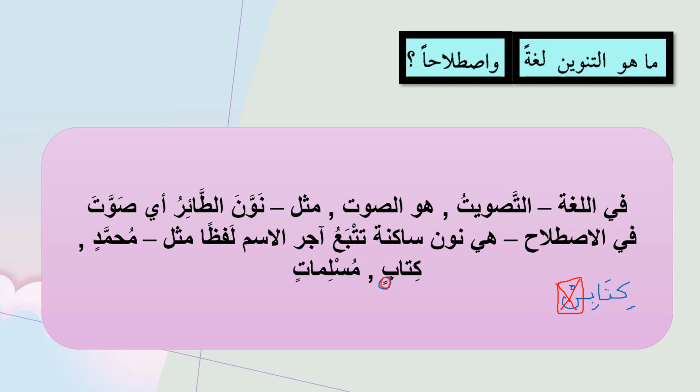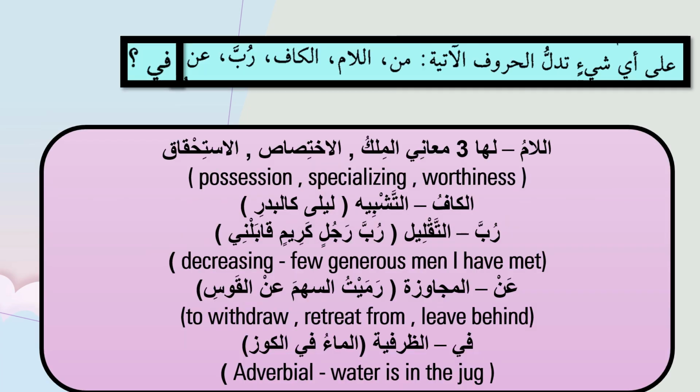Now let's see the next question. على أي شيء تدل الحروف الآتية من لام كاف ربع عن في. So let's see. اللام لها ثلاثة معاني, three meanings.